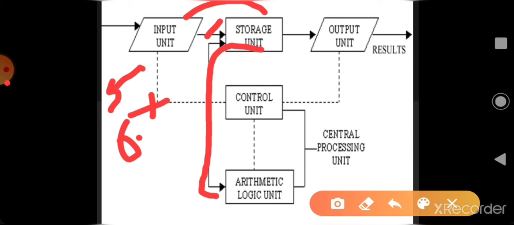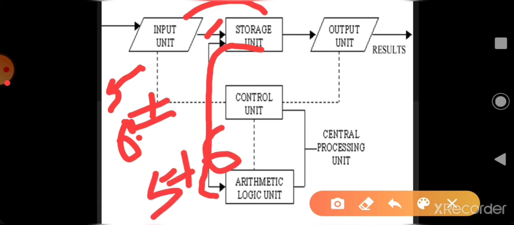This unit is used to do all the mathematical calculations and whatever problems we are giving to a computer. Those problems will be solved by the ALU. And this unit will do a sum of both numbers, because we gave a plus sign.